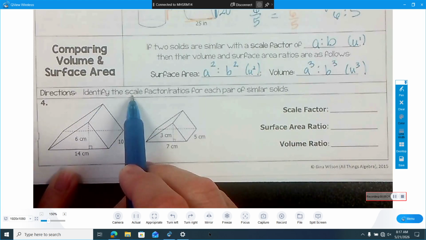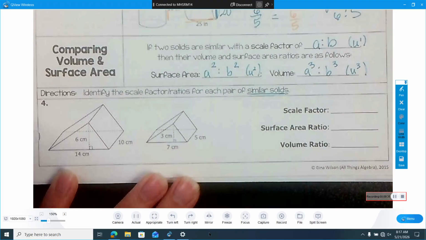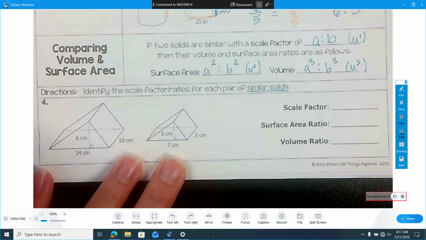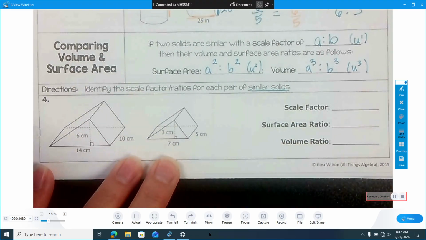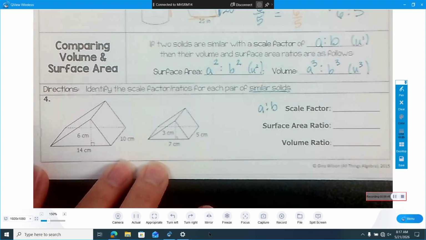So let's look here. Identify the scale factor ratios for each pair of similar solids. We already know that they are similar solids. So I want to find the scale factor, which is just the A to B part for linear measurements. What are our linear measurements on number 4?